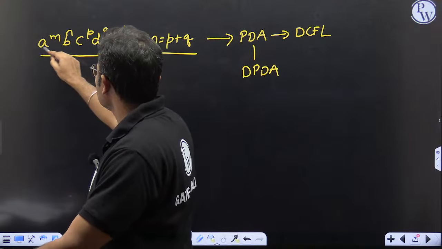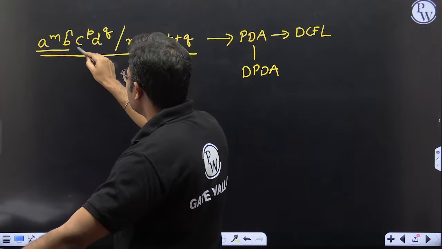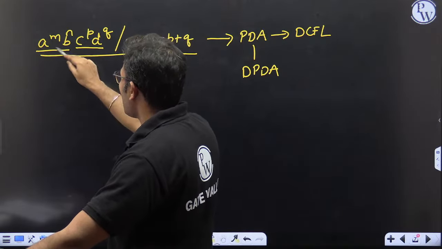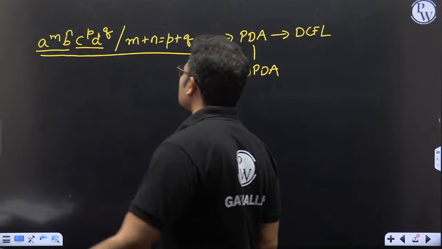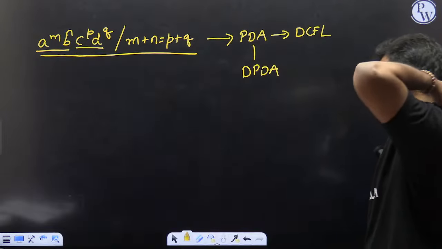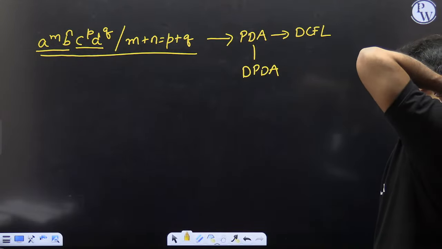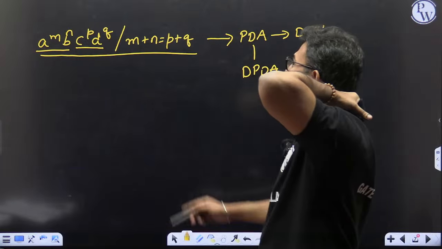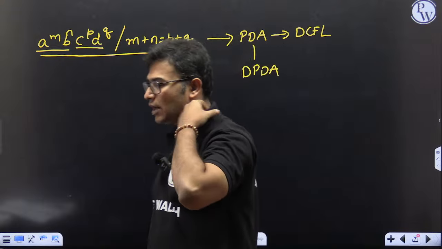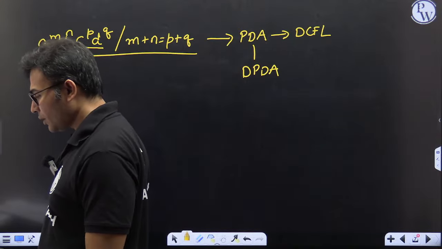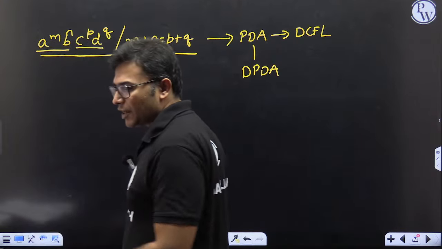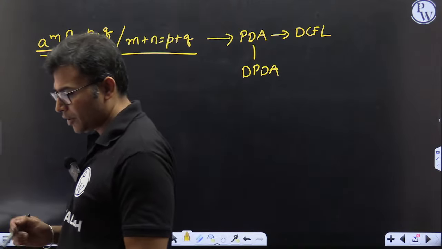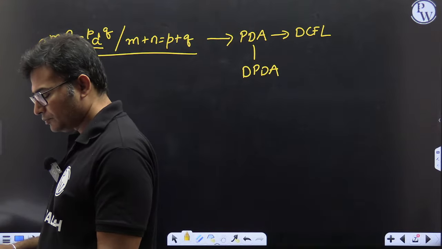How? Push A's and B's, and for C's and D's, pop the A's and B's. So writing the grammar is difficult, but remember that this is a context-free language.